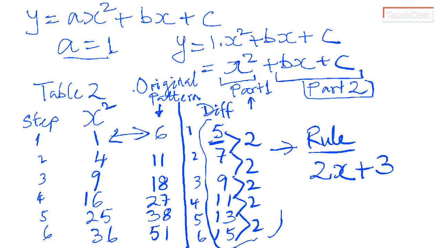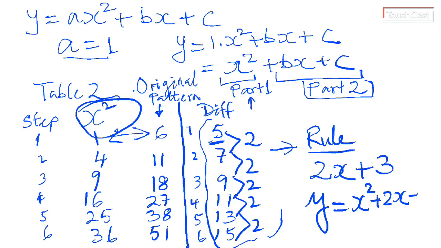So this is the second part of the equation. The first part, if you remember, was this. So the final answer is y equals x squared plus 2x plus 3, is the rule or the answer.